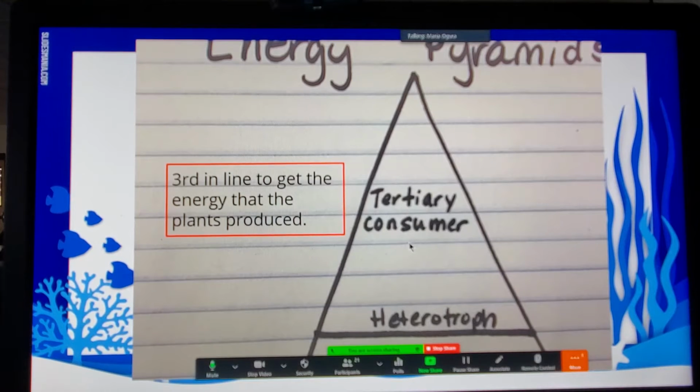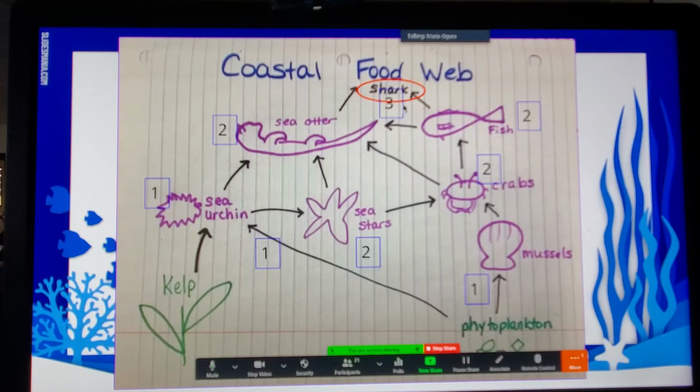So the tertiary one is just that. It's the third one in line from the producer, but I'm adding fish to this. Okay? So the easiest way to do this is count the arrows. 1, 2, 3, tertiary. 1 arrow, 1 arrow. 1, 2, that would make him. And so I want you to see that also, like we can go 1, 2, 3, and the sea otter is not only secondary, but he's also tertiary.